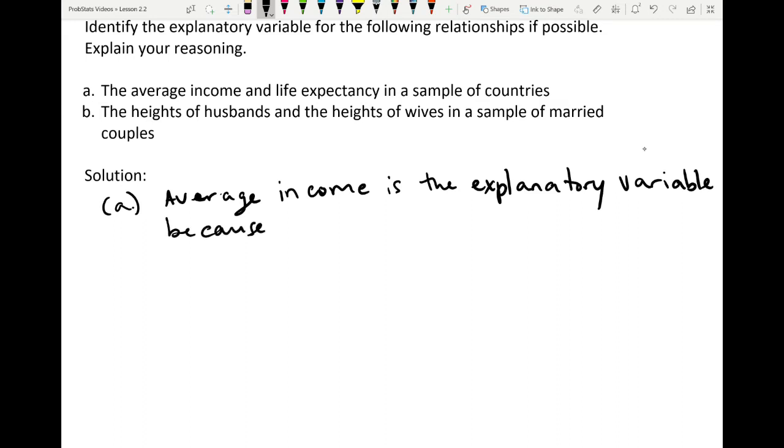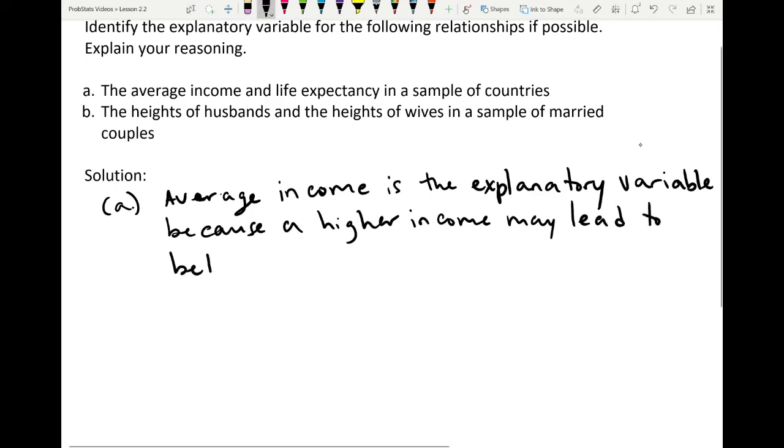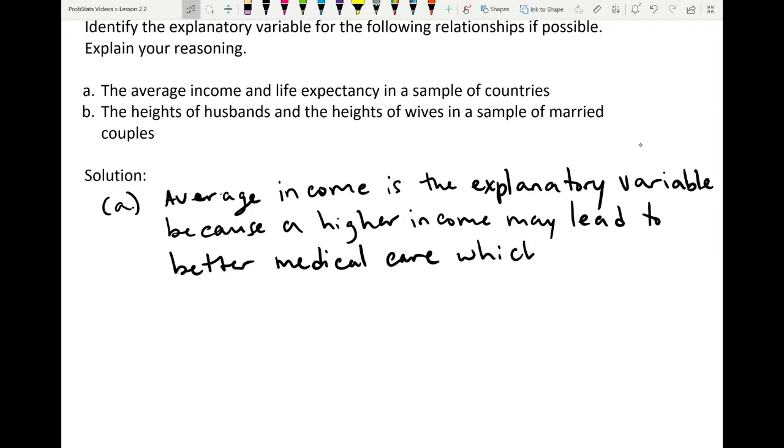And we can say because a higher income may lead to better medical care, which could help us predict the life expectancy.